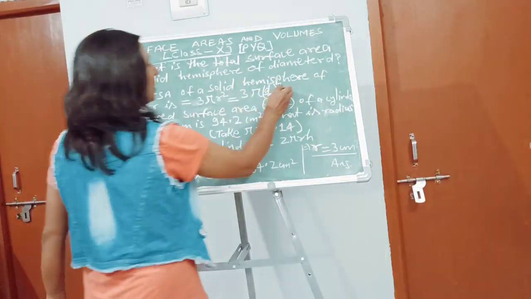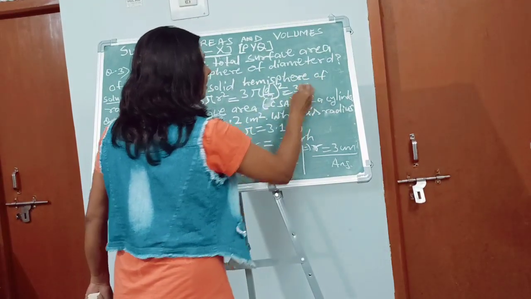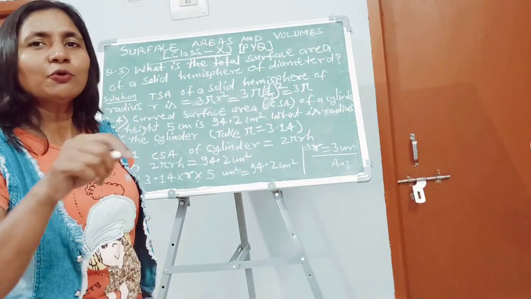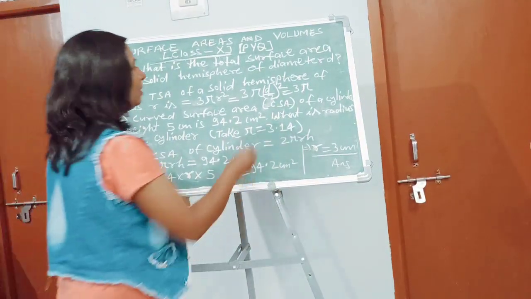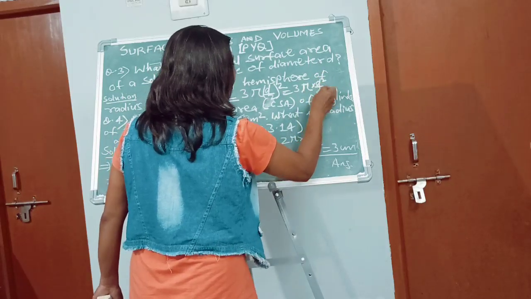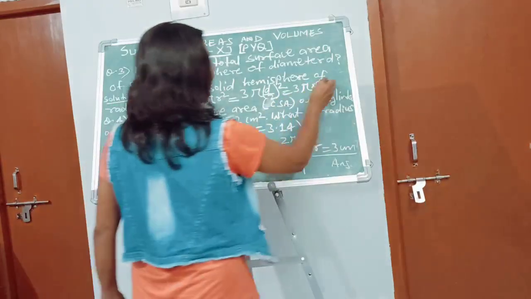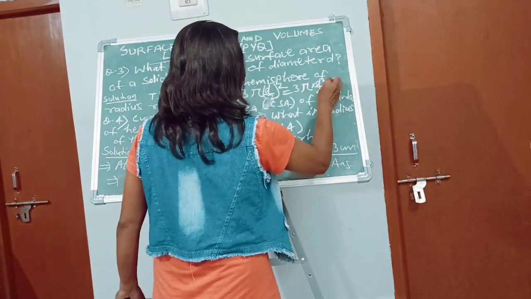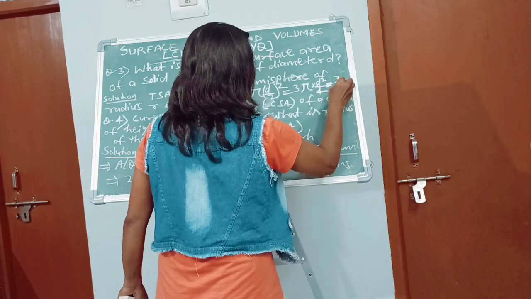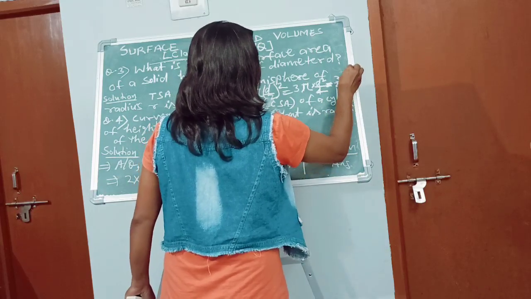Let us see what's happened. This is equal to 3 pi, and d by 2 whole square is equal to d square by 4. Again it can be arranged like this, 3 by 4 pi d square.